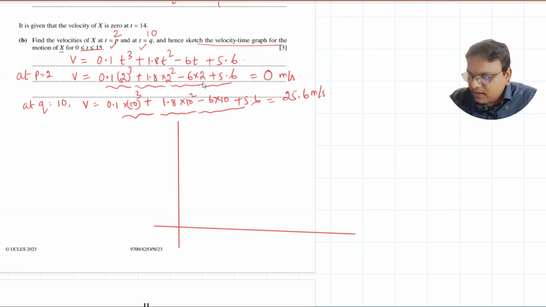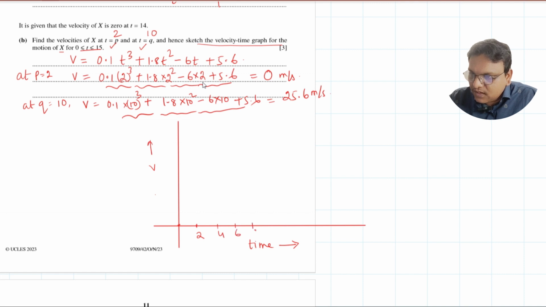So the time, we should keep in the x-axis, and the velocity v I'll keep in the y-axis, right? In the x-axis I'm taking 2, 4, 6, 8, 10, 12, 14, then 16, like this, right?